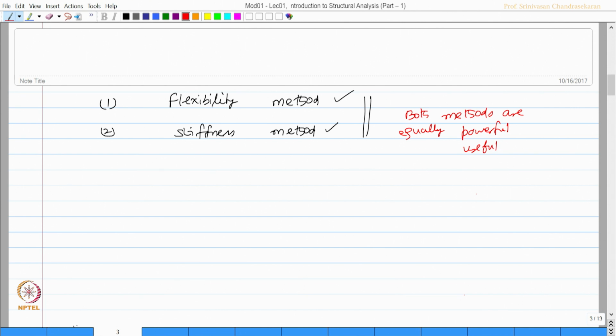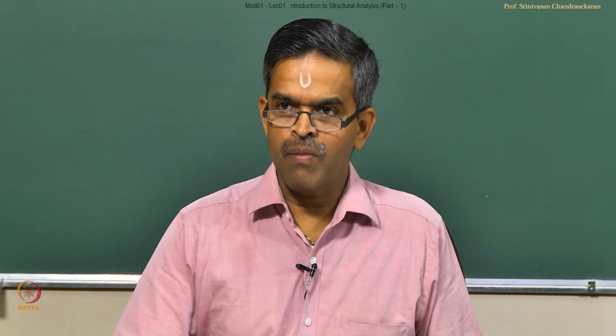But as we proceed further in discussion, we will try to converge to one of these two methods because of specific reasons, because those methods can be easily programmable using digital computers. So, our main objective here is not to solve the problem. My main objective is to make the problem solvable using computer methods. That is the focus.